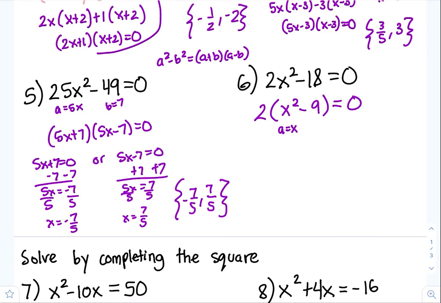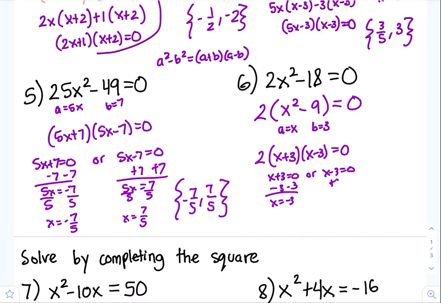That's x. What is the square root of 9? Your b value will be 3. So 2 times a plus b times a minus b: x plus 3, x minus 3 is equal to 0. Now solve for your x's by using the zero product rule. So x plus 3 is equal to 0, or x minus 3 is equal to 0. And then solve. So your answers are -3 and 3.